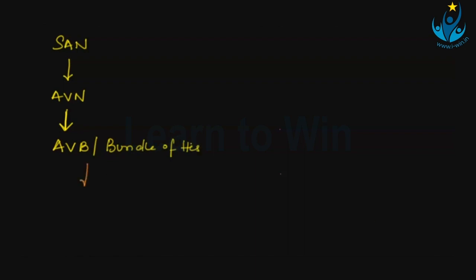Now, in the conduction pathway, as we have discussed, the signal starts from the SAN and moves all the way to the AVN node. So SAN, that is the pacemaker, to the AVN node. Then from AVN, it goes to the AVB, also called the bundle of His, and from there it goes to the Purkinje fibers.